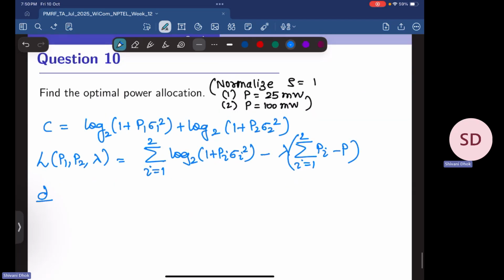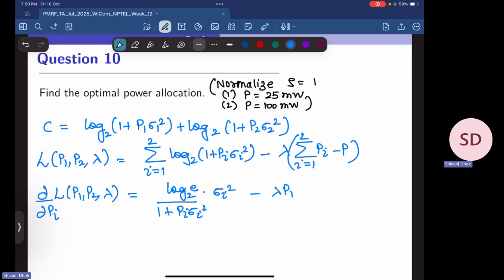Now I'll differentiate this with respect to the ith power. So this comes out to be equal to log e to the base 2 divided by 1 plus Pi sigma i square into sigma i square, minus lambda.